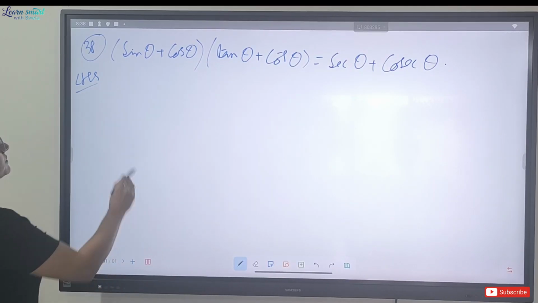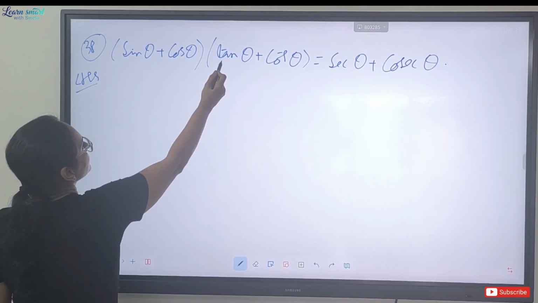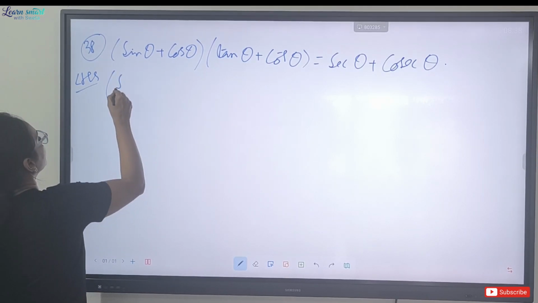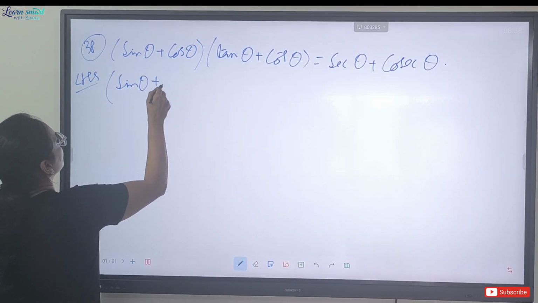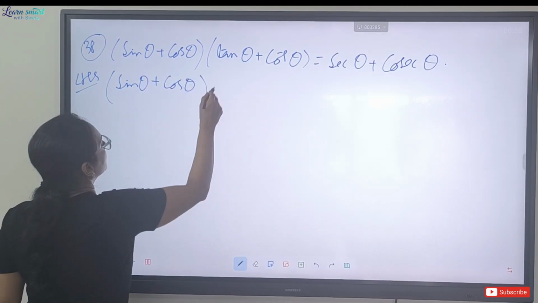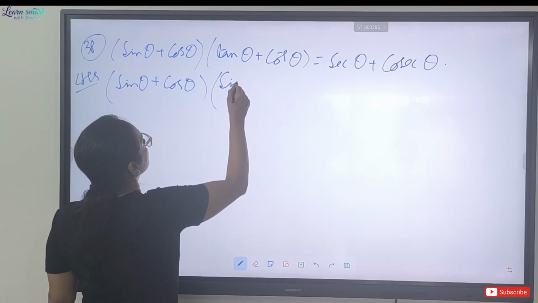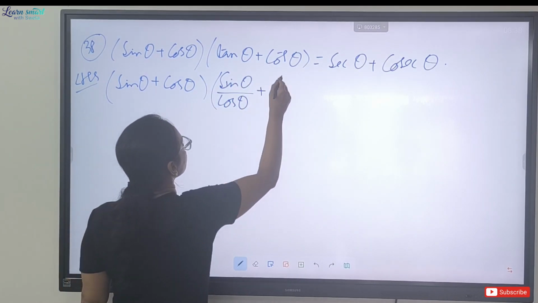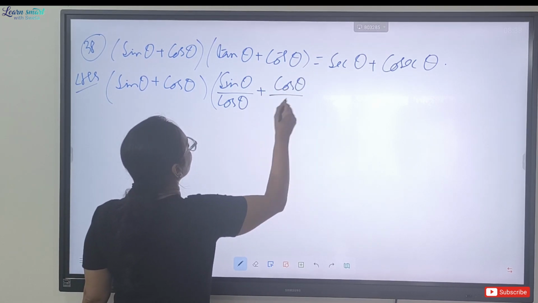Let's look at this question. Here also we will write this as sin by cos and cos by sin, and let's try to solve it. So we get sin theta plus cos theta into sin theta by cos theta plus cos theta by sin theta.